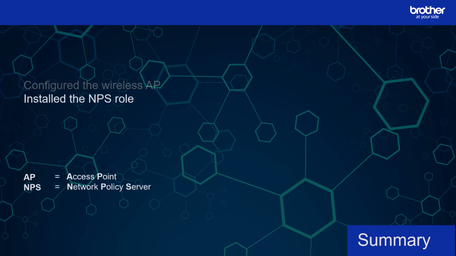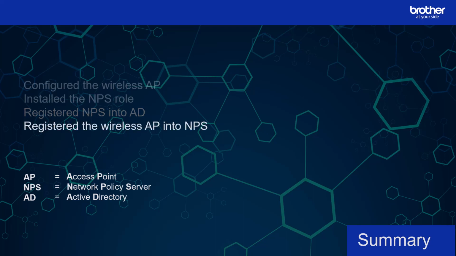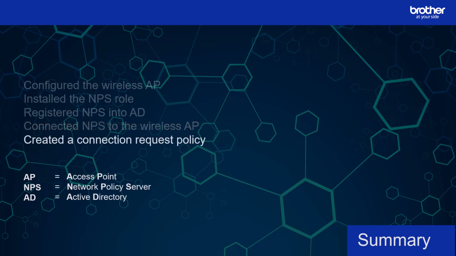I then installed the Network Policy Server role, NPS. Once installed, I registered NPS into Active Directory. I then registered my wireless access point into NPS. I concluded by creating a connection request policy in the Network Policy Server.